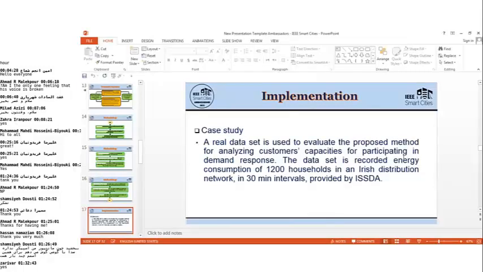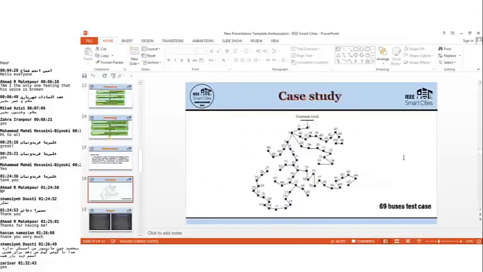The data set is recorded energy consumption of 1200 households in an Irish distribution network in 30-minute intervals provided by the ISSDA site, and we should acknowledge them for providing this data set.